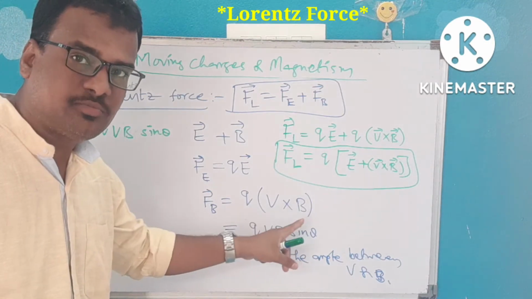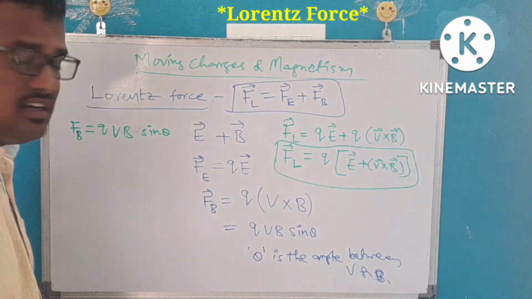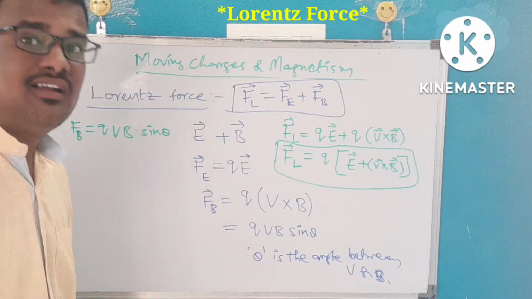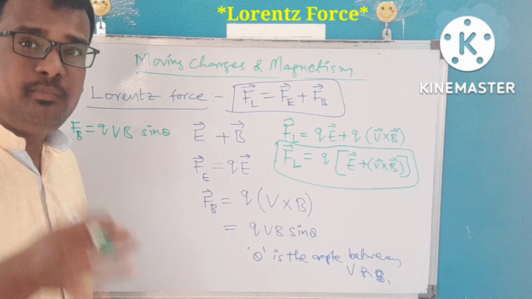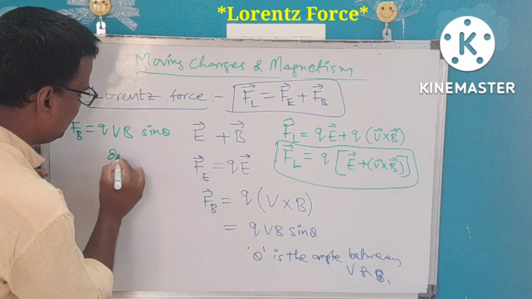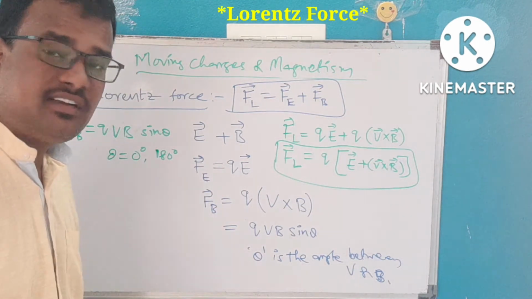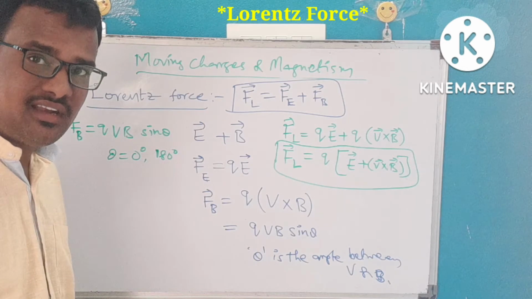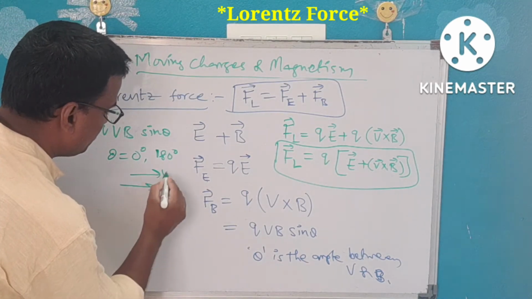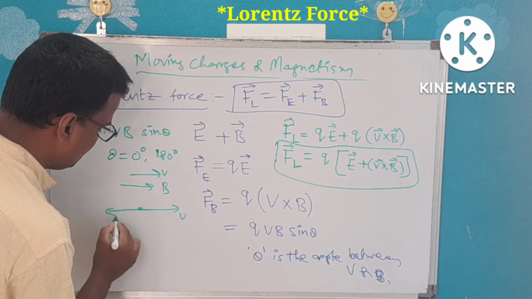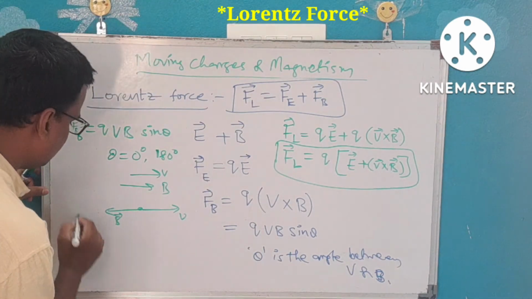F equals Q V cross B. Removing the cross product, we get sin theta, where theta is the angle between V and B. If the angle between V and B is 0, or the angle between V and B is 180 degrees, that means the velocity direction of the charged particle and the magnetic field direction are parallel or anti-parallel to each other, then the magnetic force will be 0.